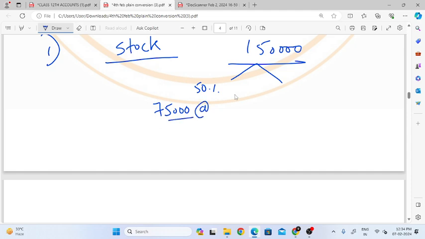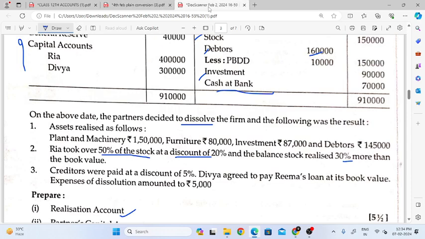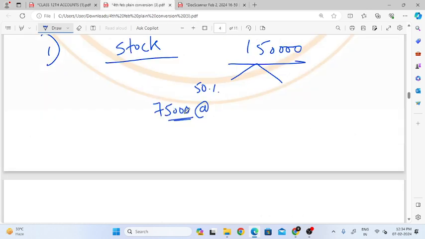Now this 75,000 is the half of the stock which she took at a discount of 20%. So 75,000 multiplied by 20% gives 15,000, which we have to subtract because the discount is given. So 75,000 minus 15,000 gives us 60,000.